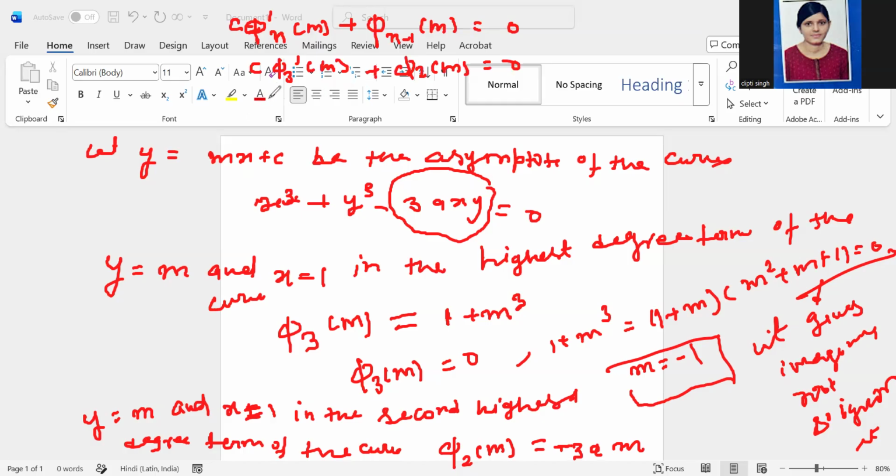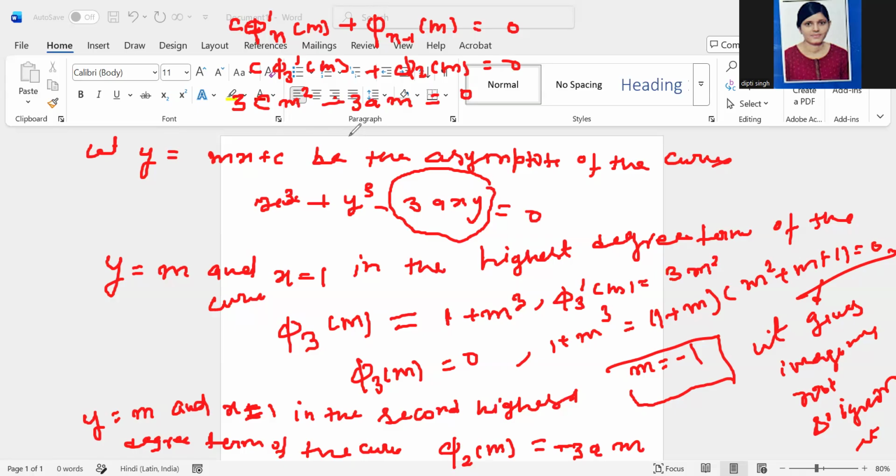So you can see here we have this one. If we calculate this derivative, what do we get? The derivative of 1 is 0 and the derivative of m cube is 3m squared. So we can write it as 3m squared c minus 3am equal to 0.